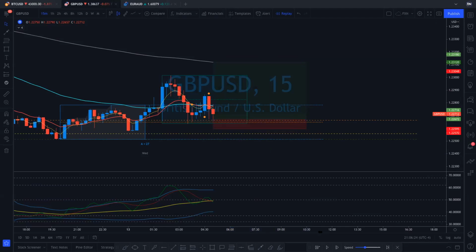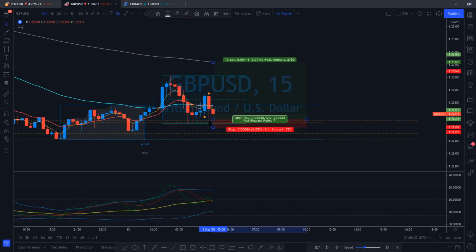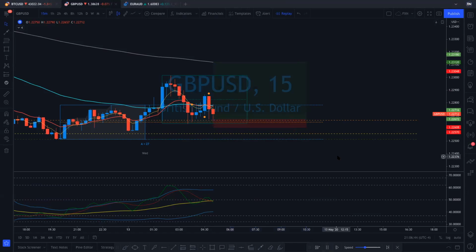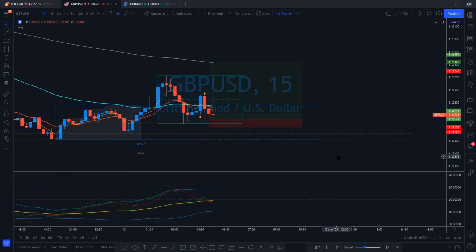On a short trade as well, that's really good. The point, and I can't stress it enough, is that because you're only risking 6 pips, if the next candle takes you out, it's only 6 pips. You know what I mean? Your risk is so small that it doesn't matter.